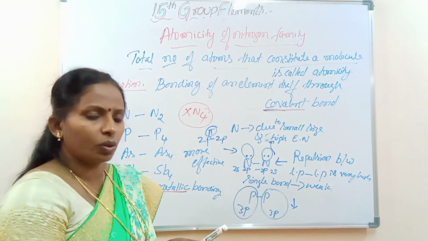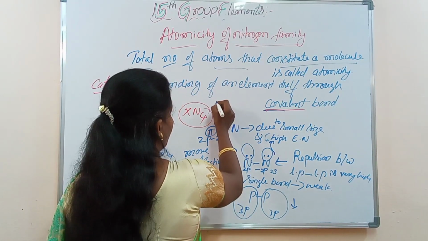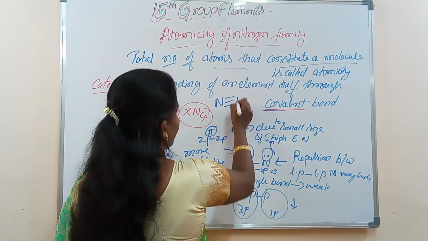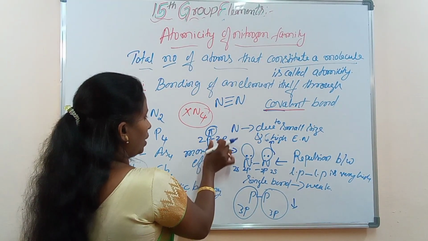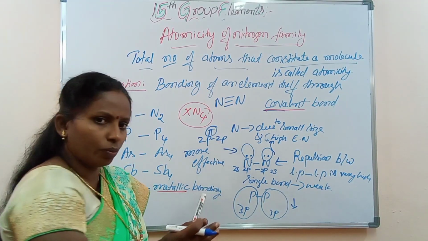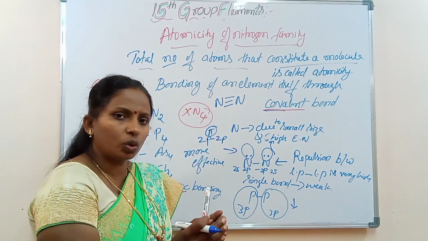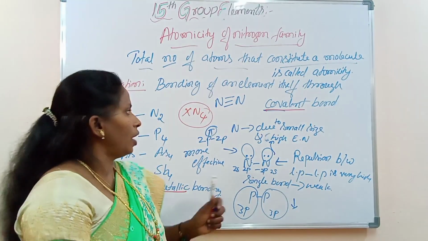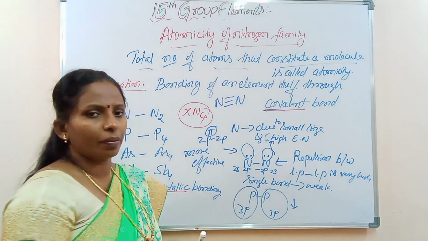So nitrogen is going to form N triple bond N. This p-p overlapping is more effective in nitrogen. They are very electronegative and the size is very small, so they are very near to each other, and overlapping is more effective, so they form N triple bond N.